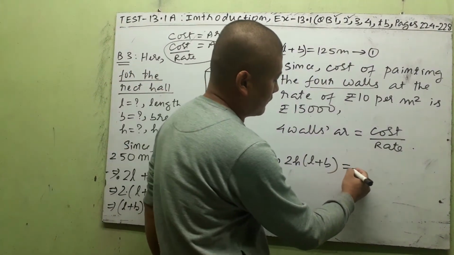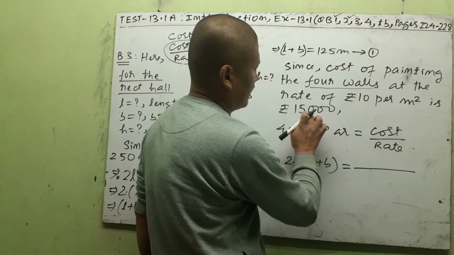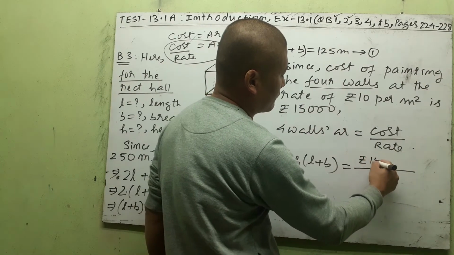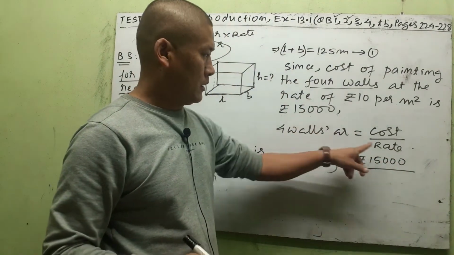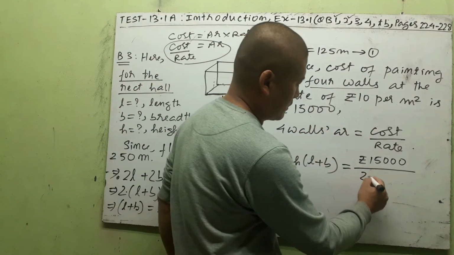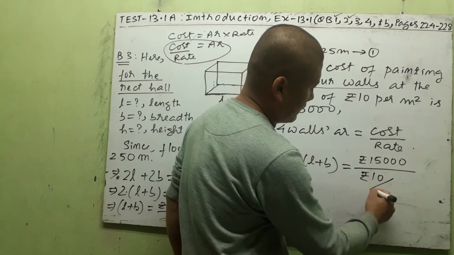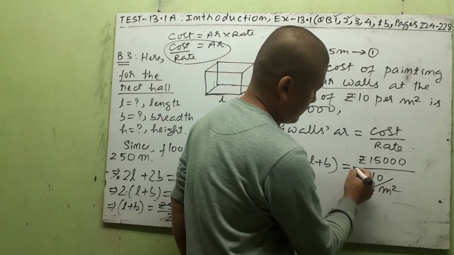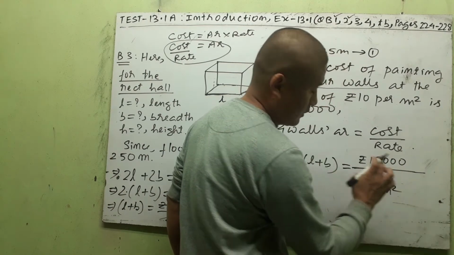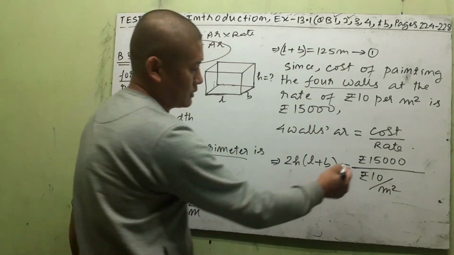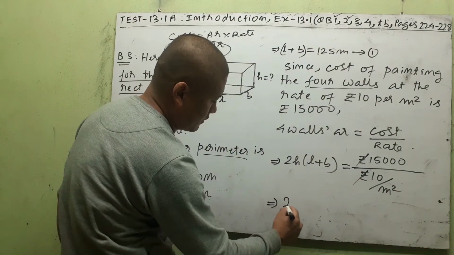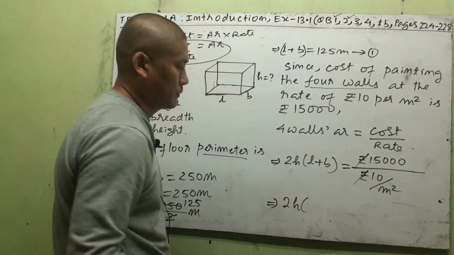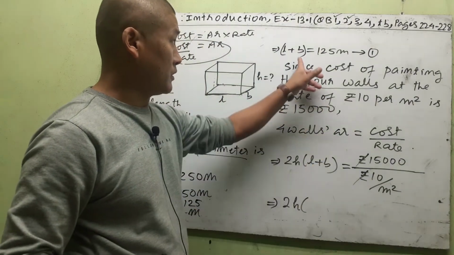And then total cost of the painting of the 4 walls is this one, rupees 15,000 as given in the question. And the rate is here, rupees 10 per, means divided by meter square. Make sure this line is longer than this one. So here we can just cancel off rupees and rupees. And next step, twice H into L plus B information is there in equation 1.